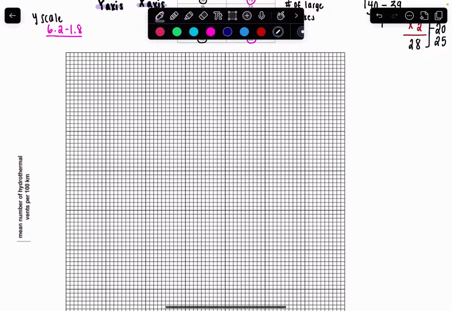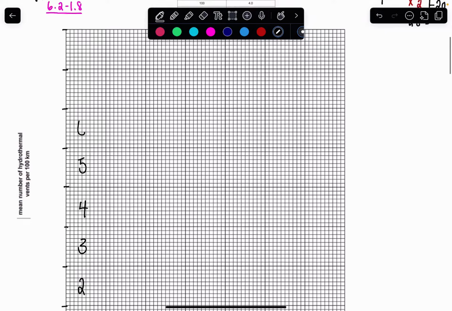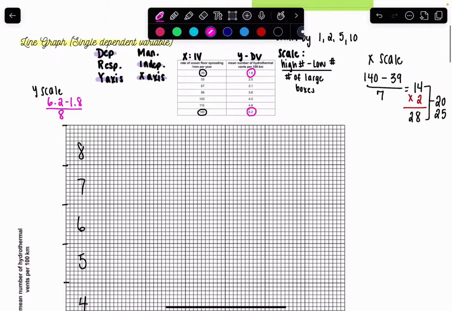I'm going to first put my hashes along the side so I know where my darkened lines are. And again, you can count by darkened lines, but I'm going to keep it the same. I'm going to count by large squares. This one is 8. So we're going to divide by 8. So 6.2 minus 1.8 divided by 8.